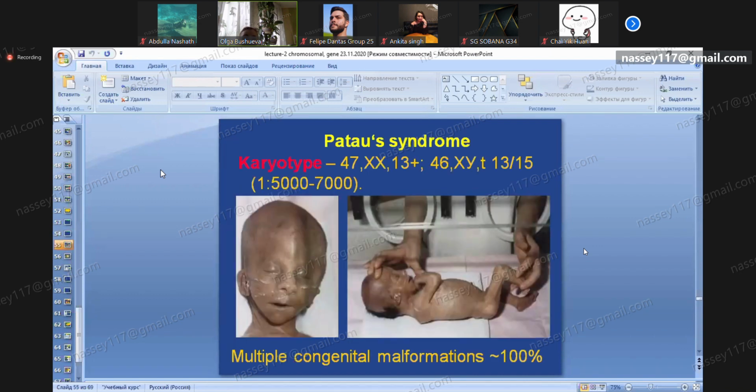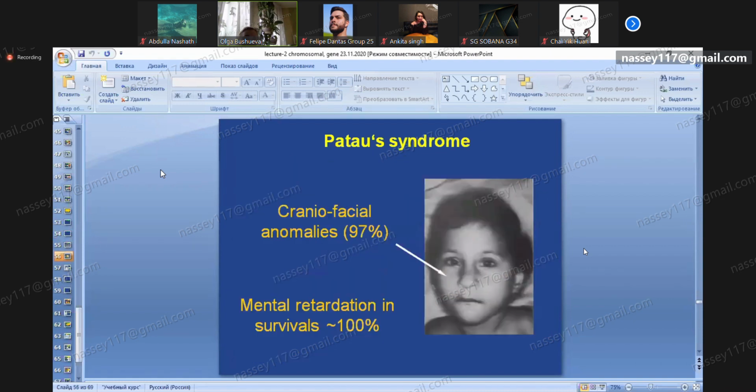So on this slide, you can see multiple congenital malformations in a patient with trisomy 13. On the left picture, trigonocephaly, for example. And the incidence of this syndrome will be around 1 in 5,000 to 7,000.